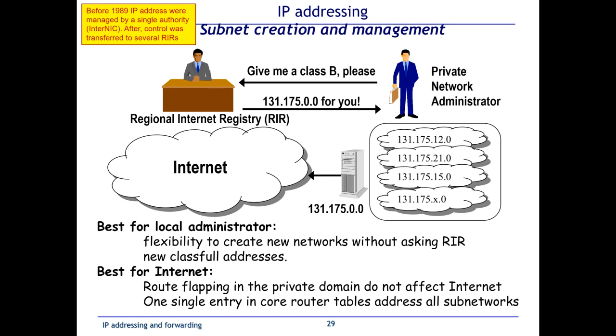If you always have to ask or to declare this internal division to the RIR, it's really inefficient. Moreover, once you have assigned different blocks, it's difficult to change the internal architecture.